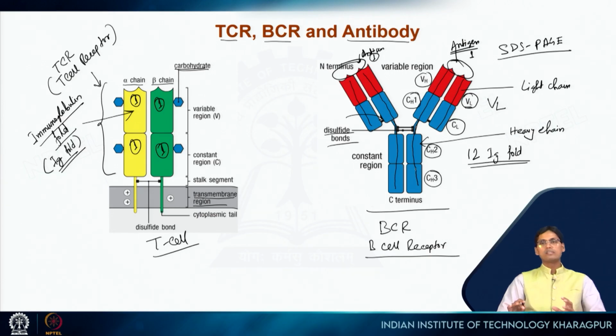So this is the antibody structure. And this portion is also very important. Although I mentioned that the variable regions are important to capture antigen, through the constant region they carry out some effector function. This portion is called the Fc region. Fc stands for fragment crystallizable region.